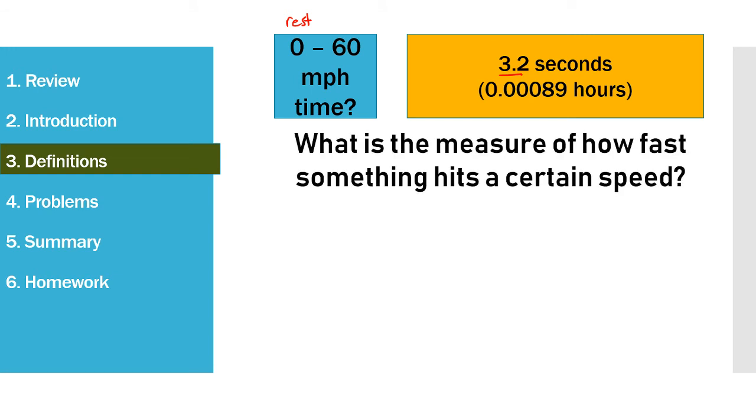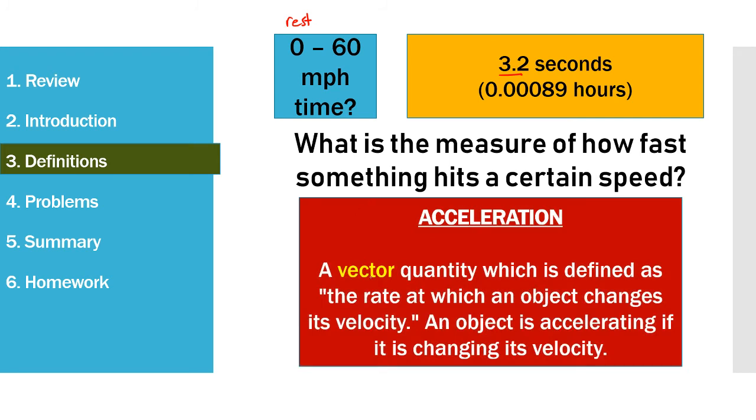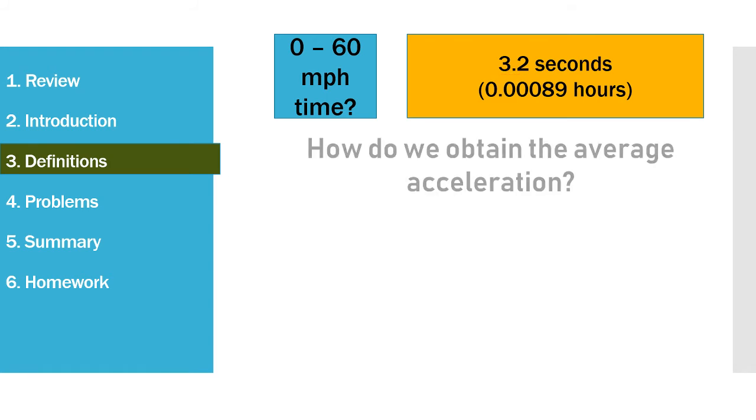What is the measure of how fast something hits a certain speed, or how fast something changes the rate at which it travels? It's called acceleration. So acceleration is a vector quantity. Why? Because it is either positive or negative. So it has direction. Okay, so how do we get the average acceleration given these values?